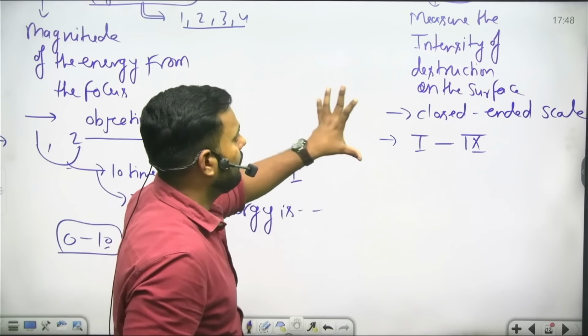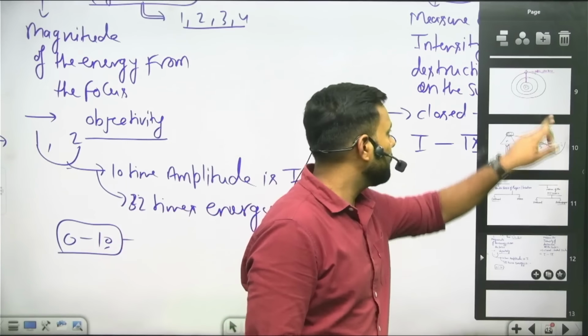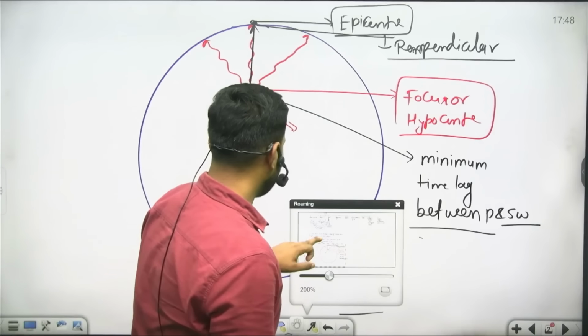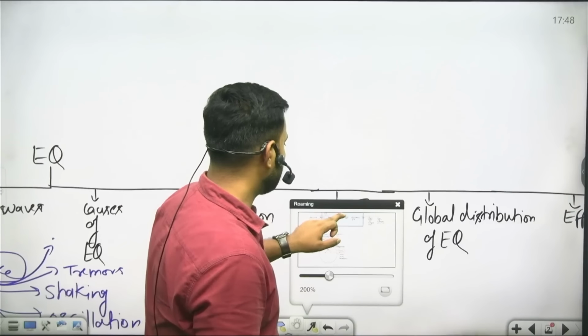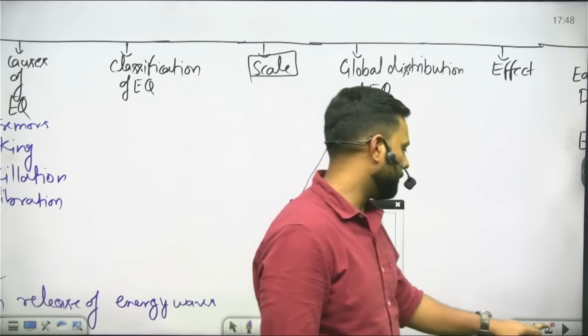We have done most of the facts जो important थे. Now we are just going back to our synopsis. क्या क्या अभी हमें डिस्कस करना था इसमें. We have done with the scale. Now we are just moving to the global distribution of earthquake.